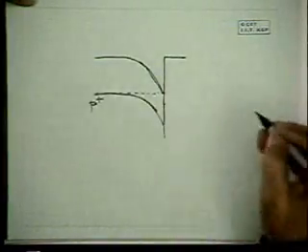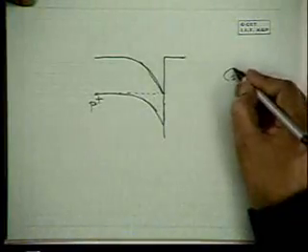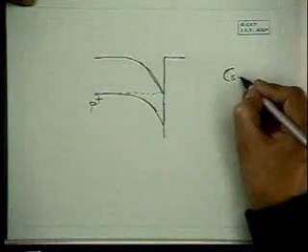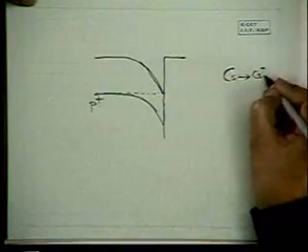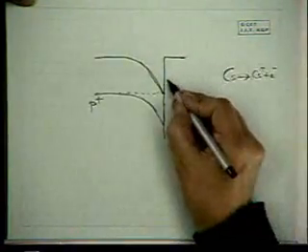In a simplified approach, one can say that cesium, being highly easily ionized, can become cesium plus and an electron.